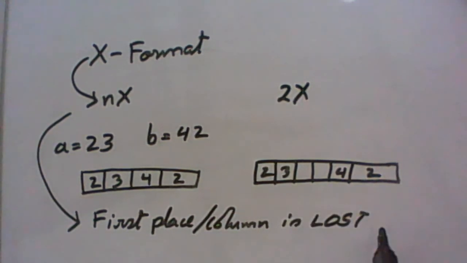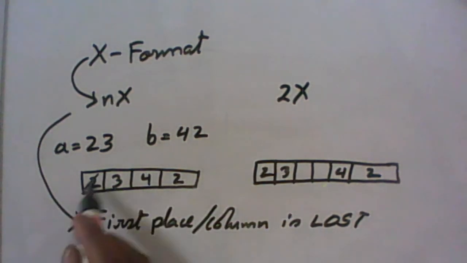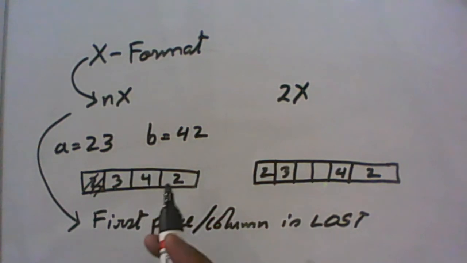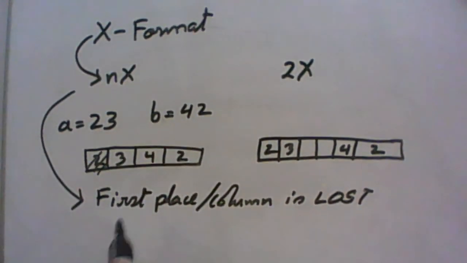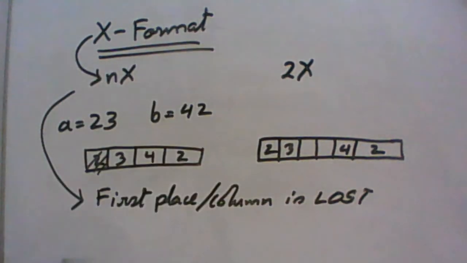If I don't instruct it, usually the first column is lost. So if I just ask it to write 2, 3 and 4, 2, these two will go missing. This is known as carriage control. So in the output statement, we usually ask the compiler, using the X format, to skip the first column and start writing.